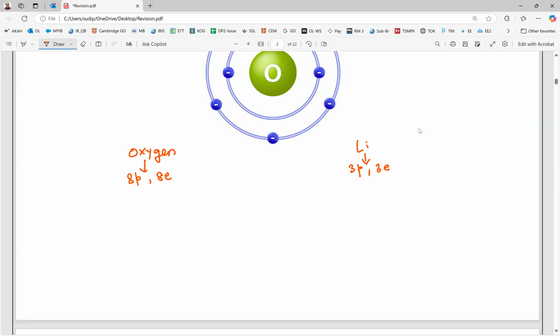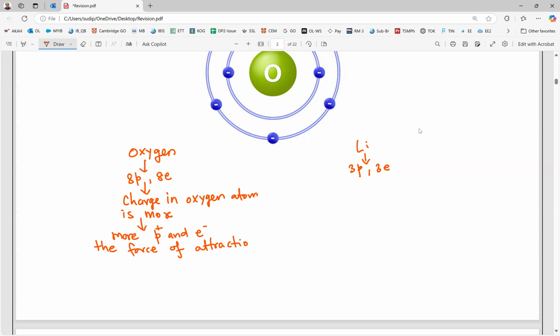Now, what does it mean? It means that the charge in the oxygen atom is more. So what do we mean by charge is more? It means that the protons and electrons are more, and because there are more protons and electrons, the force of attraction is also more between them.